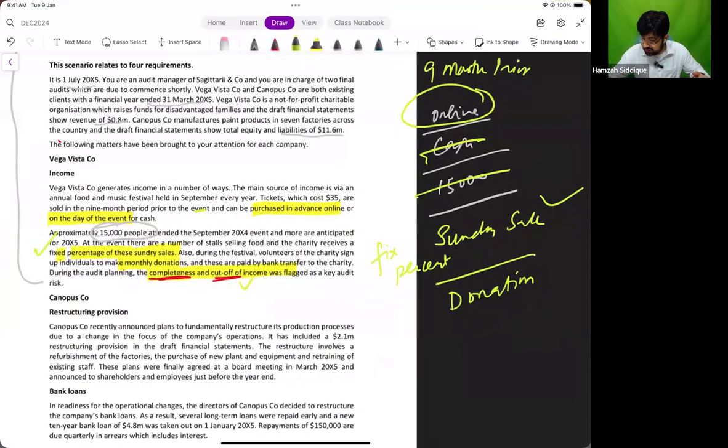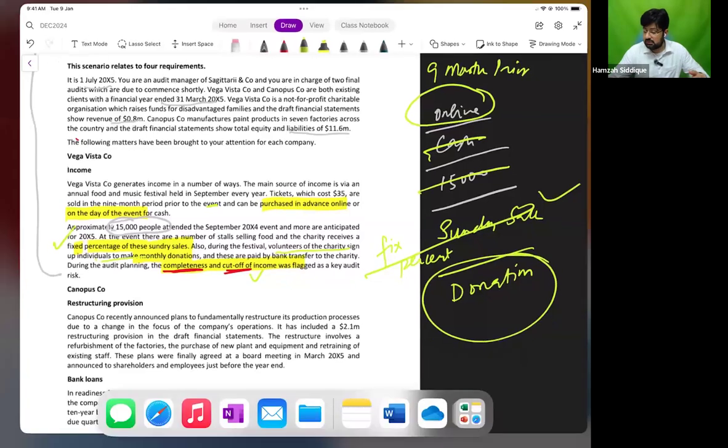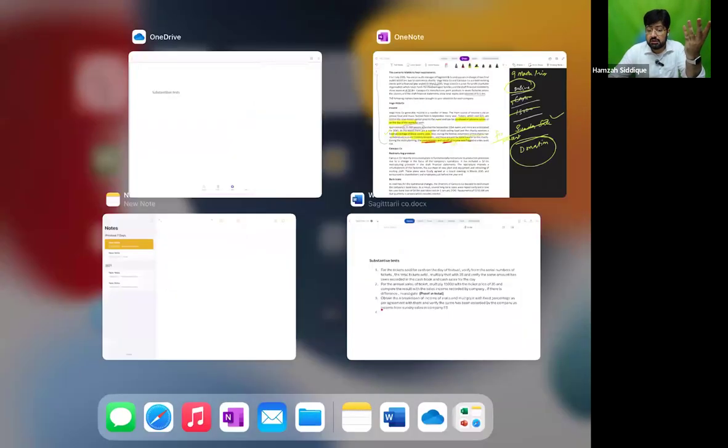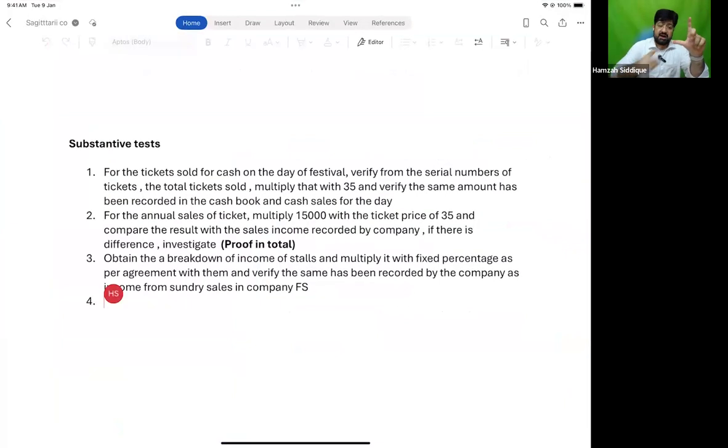So donations, they say they sign up volunteers, monthly donation, and they're paid by bank transfer. Very good. What is the source to verify? Two sources: bank transfer, and then the sign-up documentation.